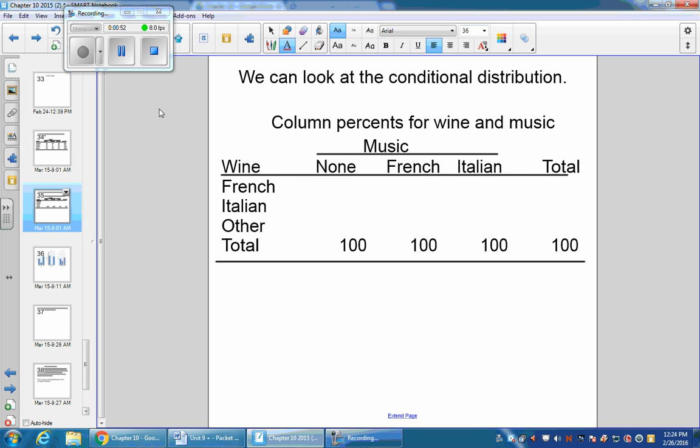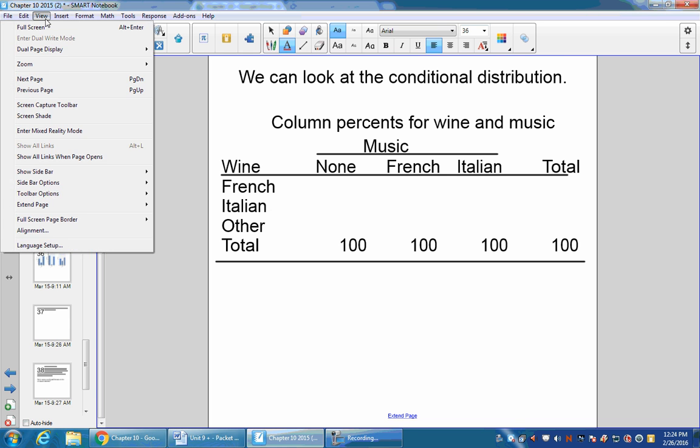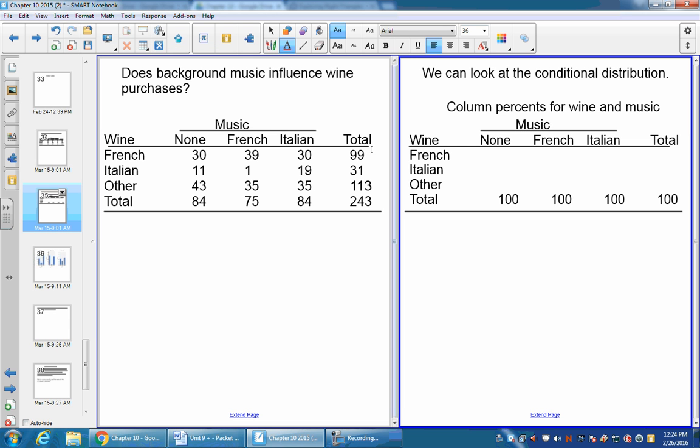Another thing we can do is usually look at a conditional distribution to see if there's anything that we can see. When we do a conditional distribution, all of the totals will add up to 100%.